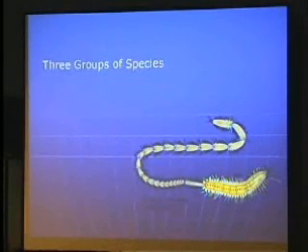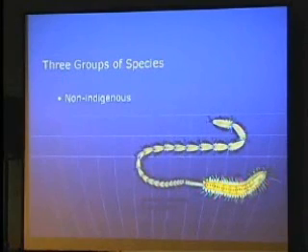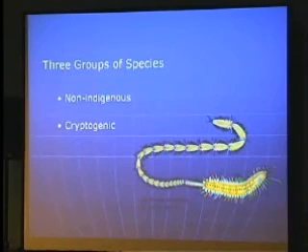So we placed identified species into one of three categories. The first is non-indigenous or introduced species, and these are plants and animals that are living outside their natural geographic range. And for the sake of this, our definition of non-indigenous is from outside the boundaries of California. Another category is cryptogenic species, and these are organisms that are neither demonstrably native nor introduced.